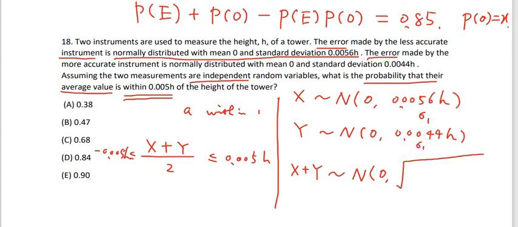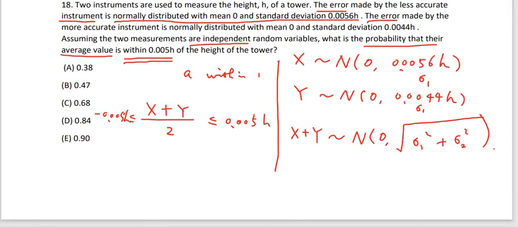Then this equals the variance sigma 1 squared plus sigma 2 squared, then take the square root. And divided by 2 just divides the mean and standard deviation by 2, half.